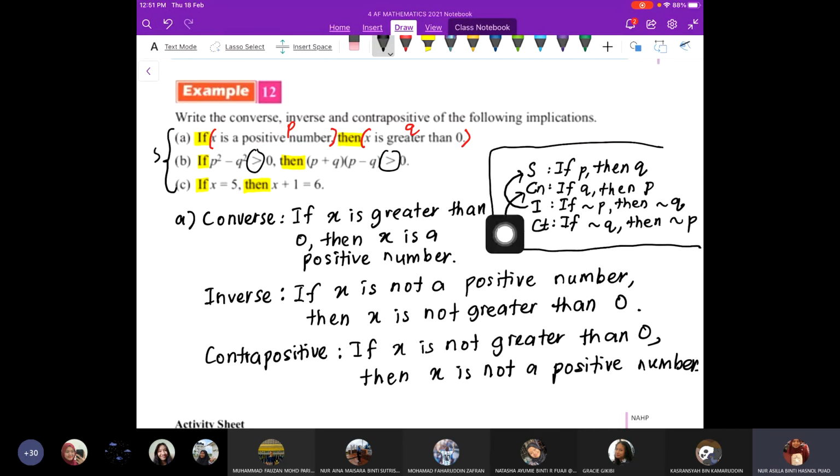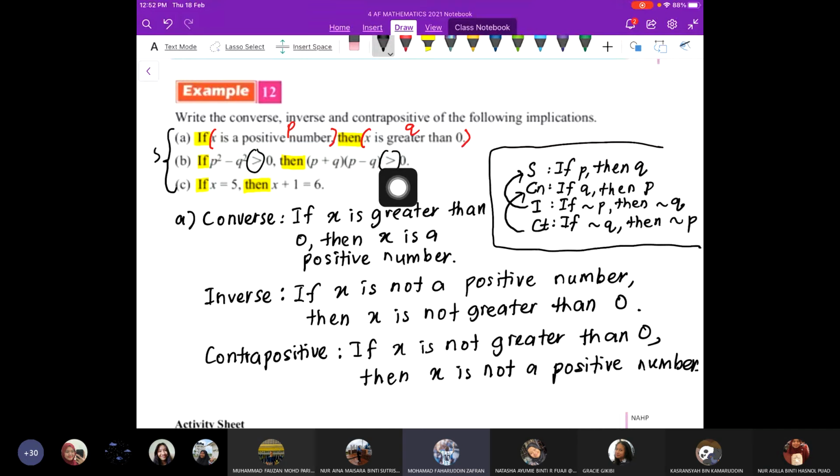Alright. So kita try orang lain. Ke Fahrudin nak try semula? Ya Miss. Nak try balik? Ya. Okay. So dia jadi apa? Ikut ni. Contrapositive. If bracket P plus Q bracket lepas tu bracket P minus Q less than 0.